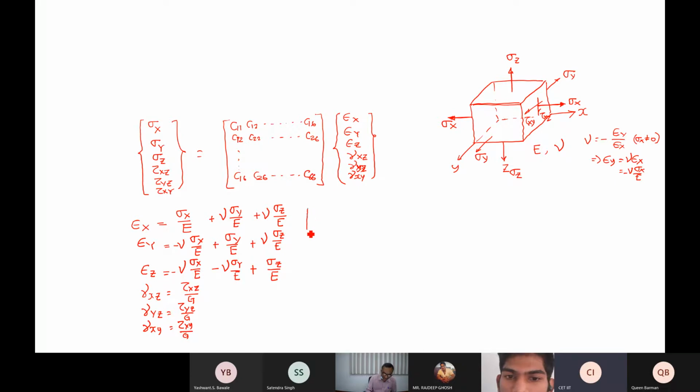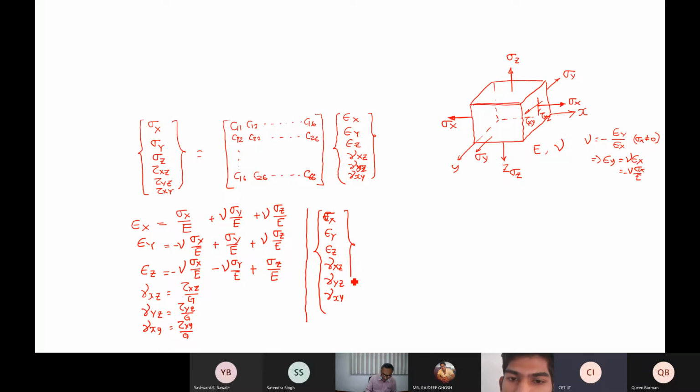So when we rearrange them in matrix form, we can write it like this. Epsilon x, epsilon y, epsilon z, gamma xz, gamma yz, gamma xy.